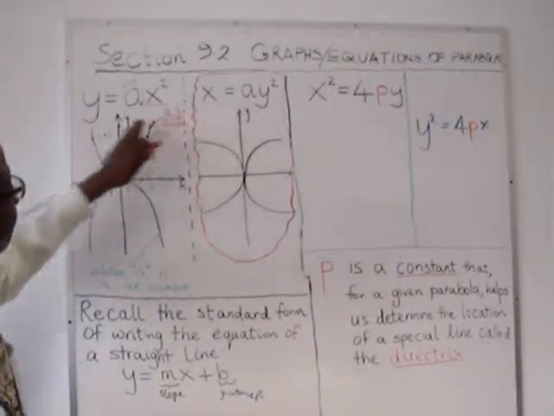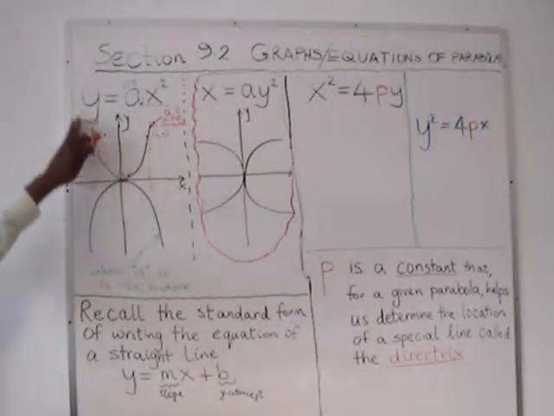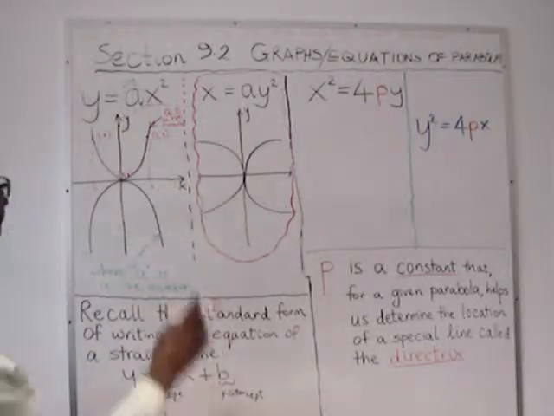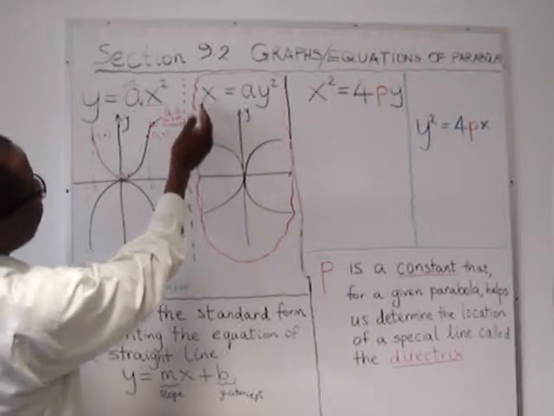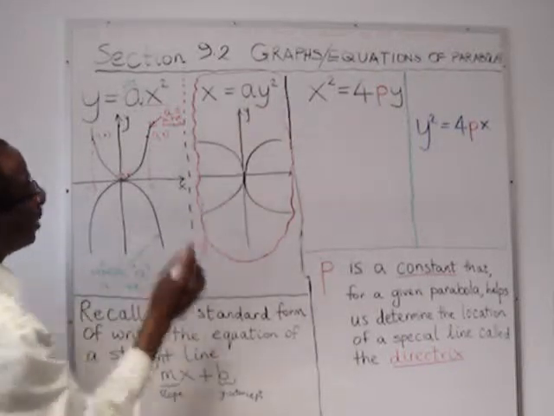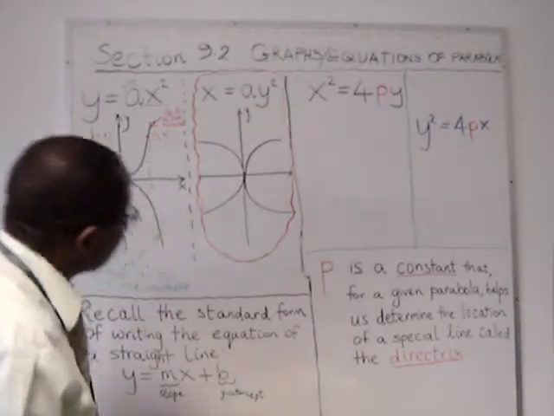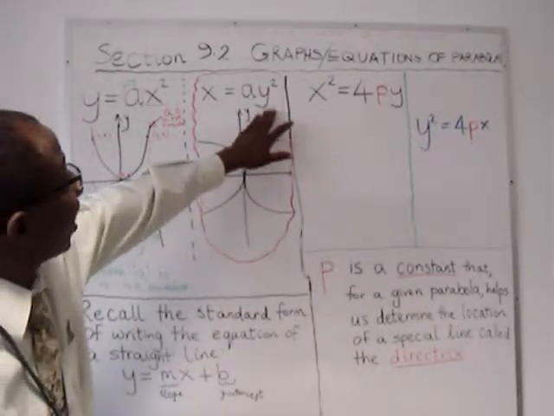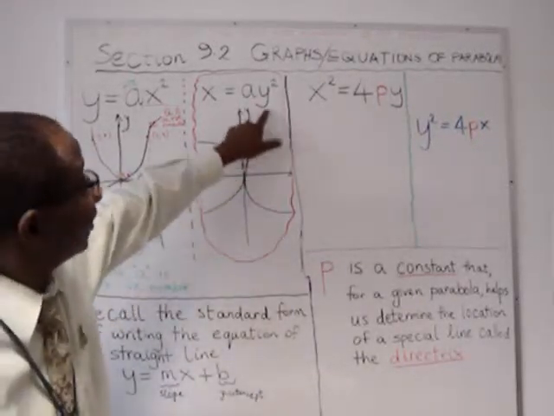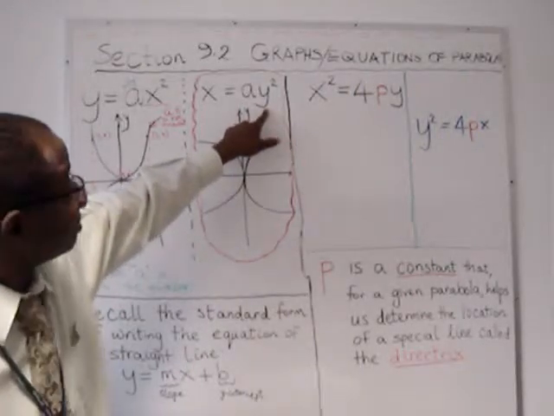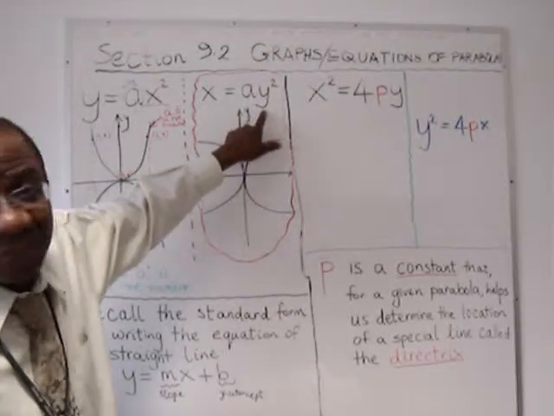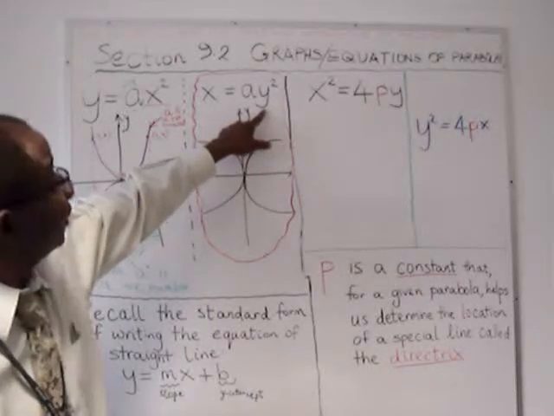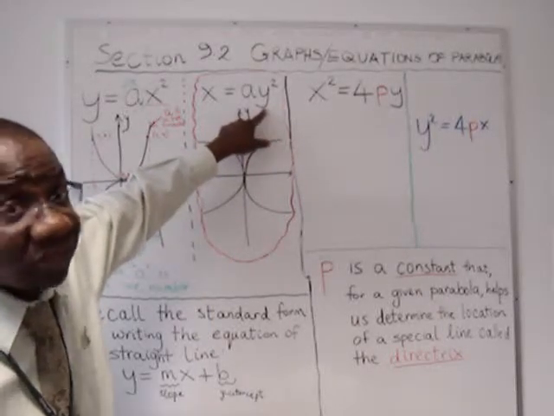But because I've set this up this way, let me do the complement of it, which is this. Now, what's going on here? x equals ay squared. What is it that you have here now that it doesn't matter whether it's negative or positive? Well, it's y. Because if y is negative 2, y squared is 4.